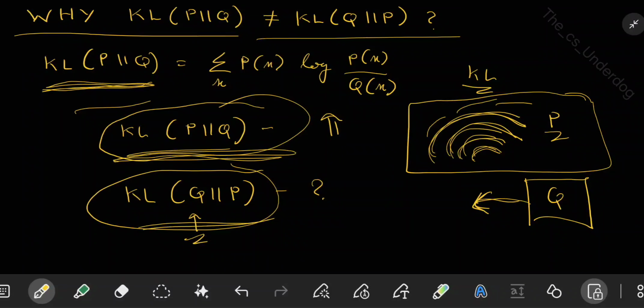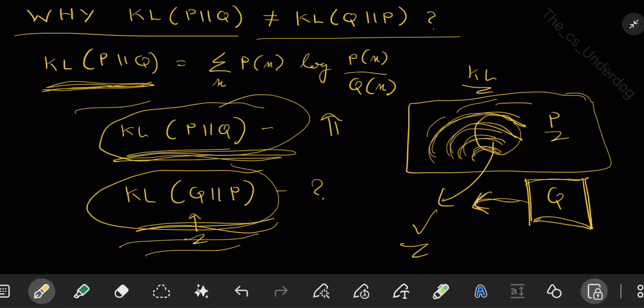But the other case, KL of P from Q, then what happens? This time in your explanation Q, only some part of the rainbow is there, not the whole rainbow. But whatever you are explaining is correct. Everything that you are explaining, you have seen it, but you did not explain the rainbow completely. You only explained one part which you noted, and this part you explained to your friend. This is the case of KL of P from Q. This is the main difference. I just want you to understand. P is the actual rainbow.